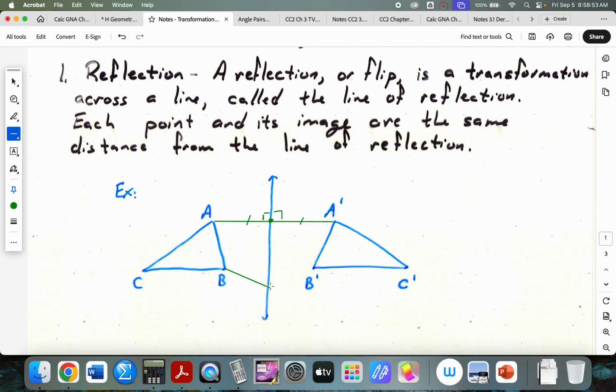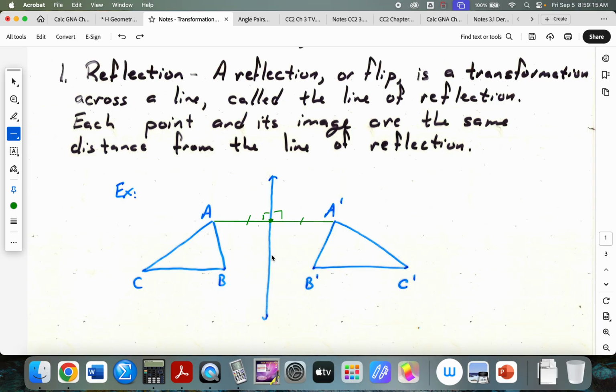So the distance from a point to a line is always measured on something that is perpendicular to the line, not like this. So I could do the same with B and B prime and C prime. Each one of those would be equidistant from the line of reflection.